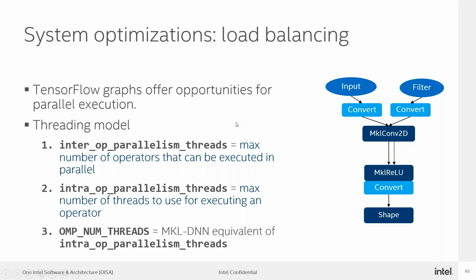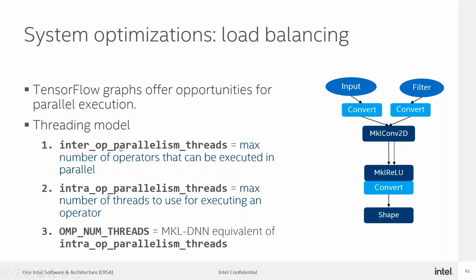So here comes the picture of using multiple cores and multiple threads. Here we'll see these OpenMP related parameters can be set, and we can utilize all the cores here.